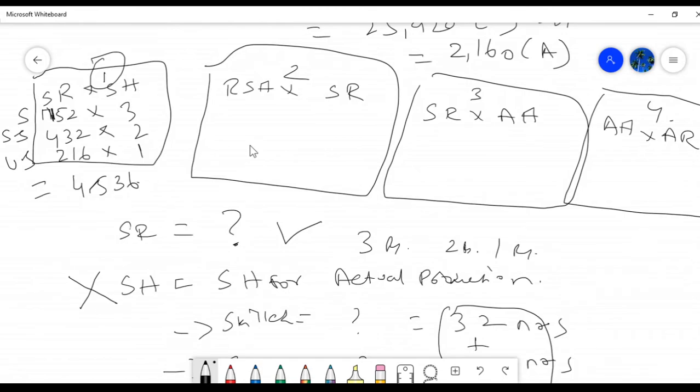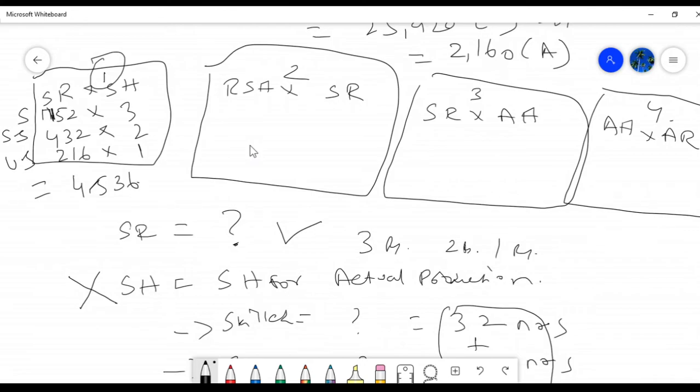What is this revised standard hours? Revised standard hours equal standard mix for actual labor hours used.